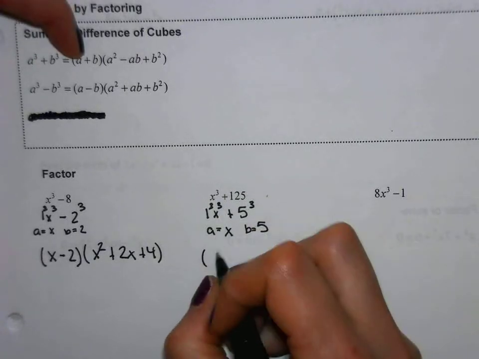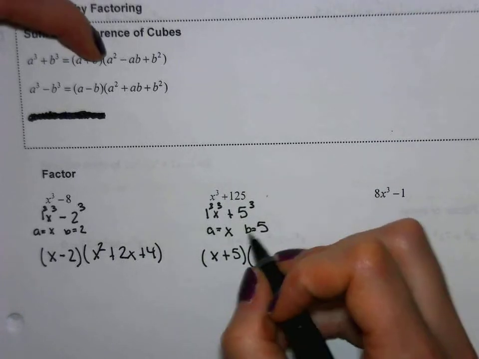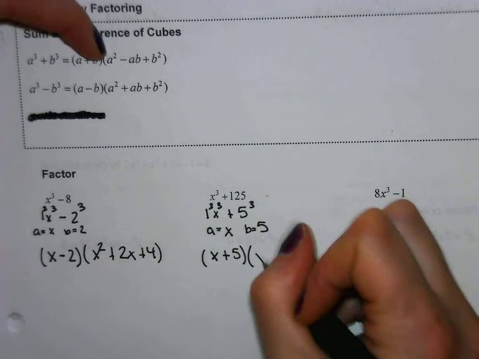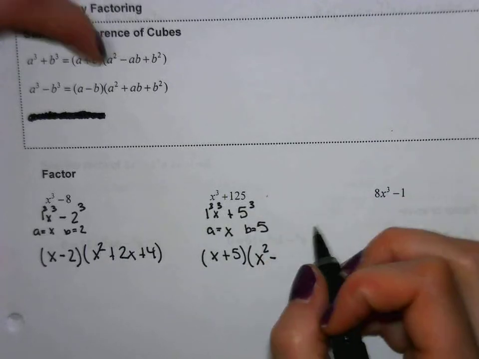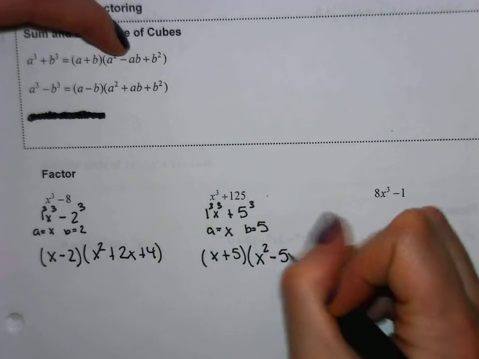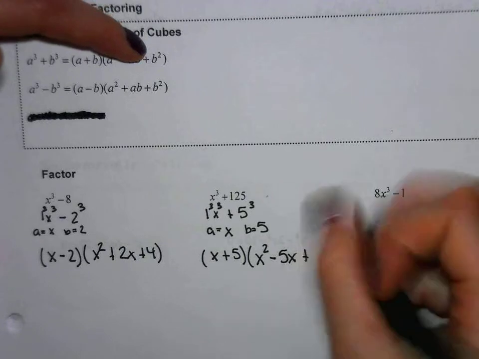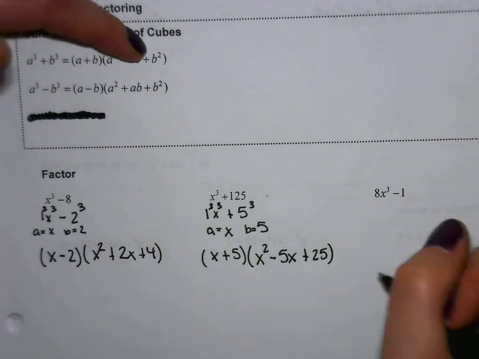So we're going to have a, which is x, plus b, which is 5, times the quantity of a squared, so x squared, minus a times b, and a times b is x times 5, which is 5x, plus b squared, so 5 squared is 25.